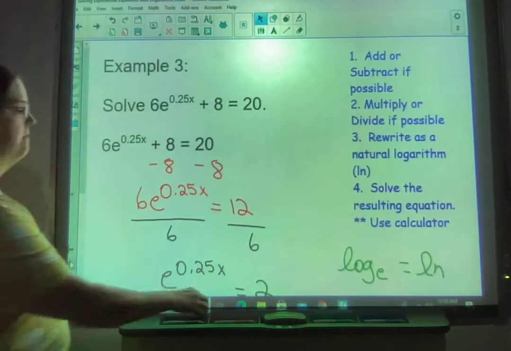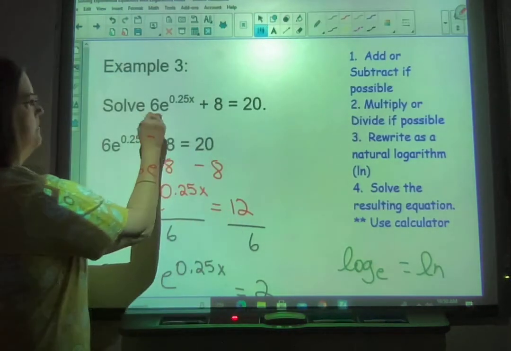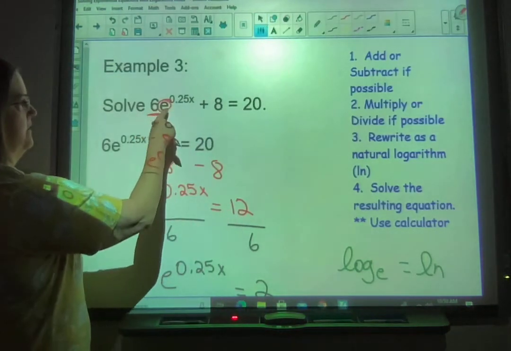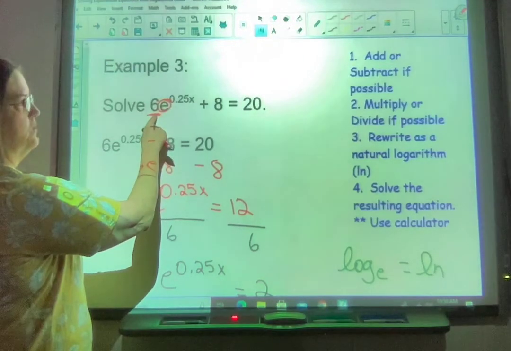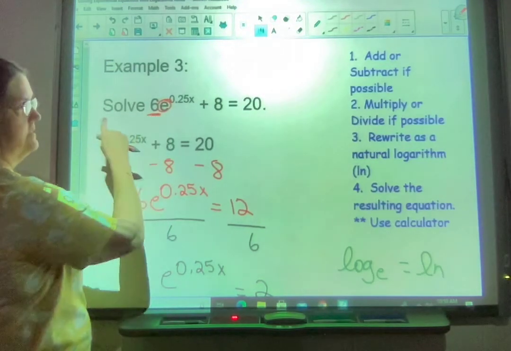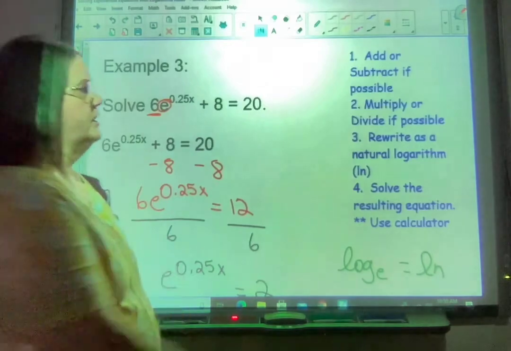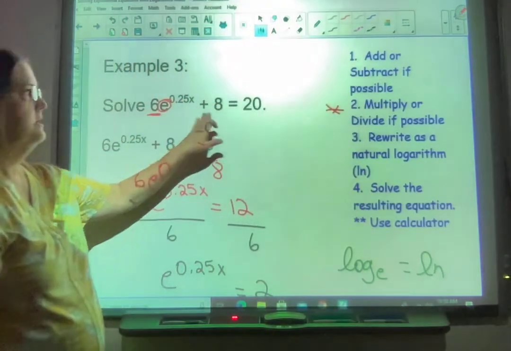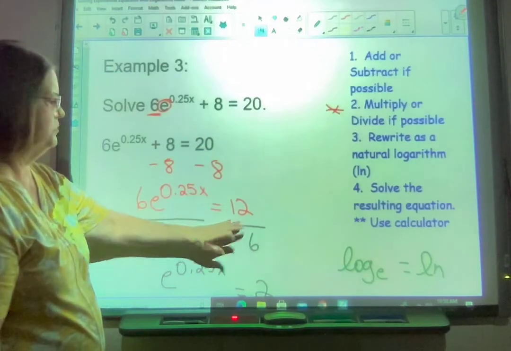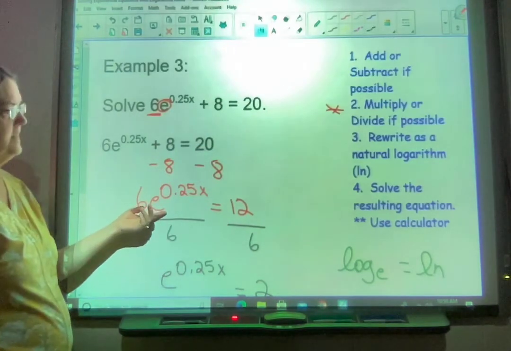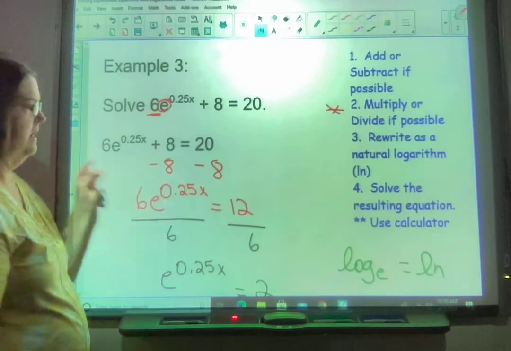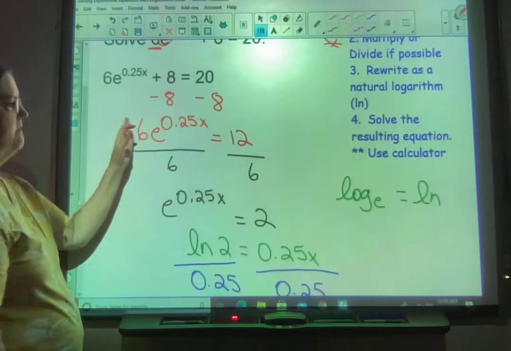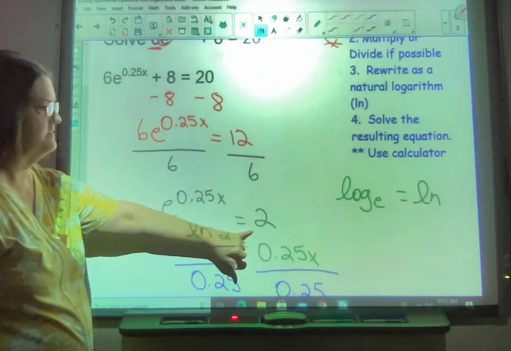We also have a number here where the base is being multiplied by 6. And so we are going to use this step on this one where we hadn't used it on the others. All right, so subtract your 8, that gives us 12. Then we have 6 base e to the 0.25x power. We divide by 6 to put it over here, that gives us 2.